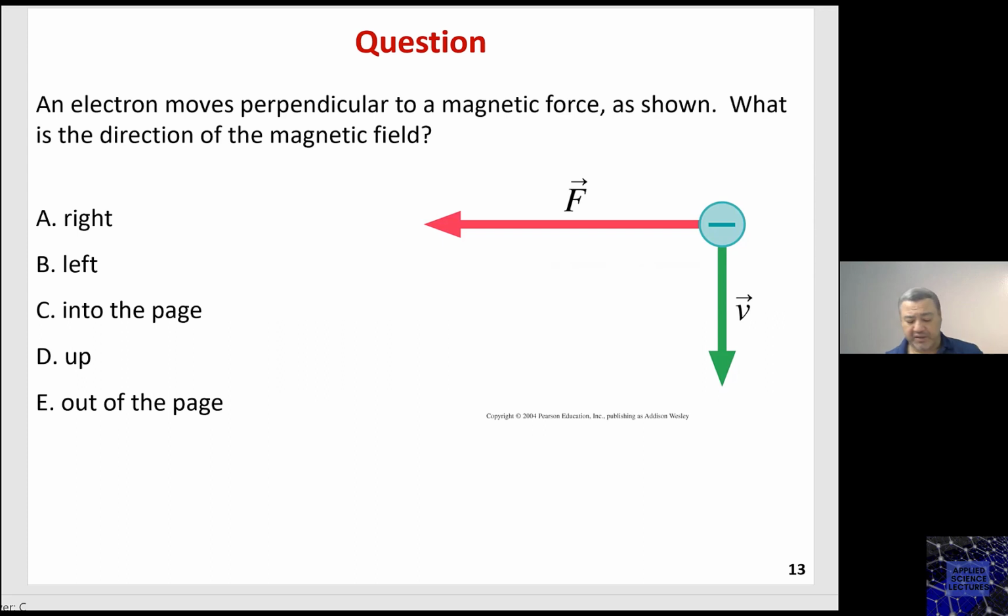You can see that the magnetic field is pointing into the page. Going to practice the right hand rule and the left hand rule.